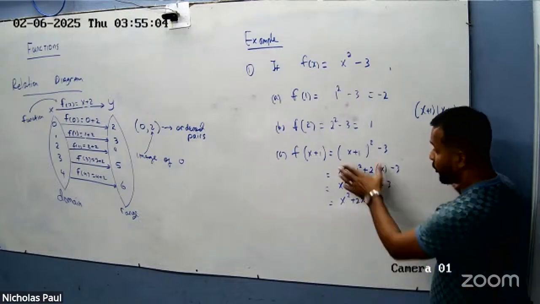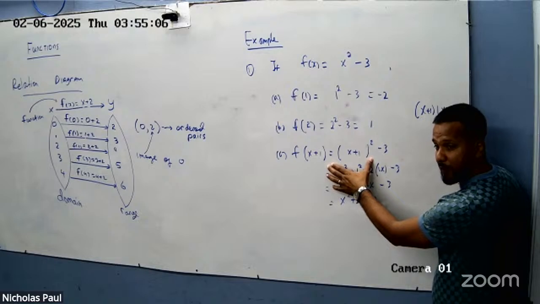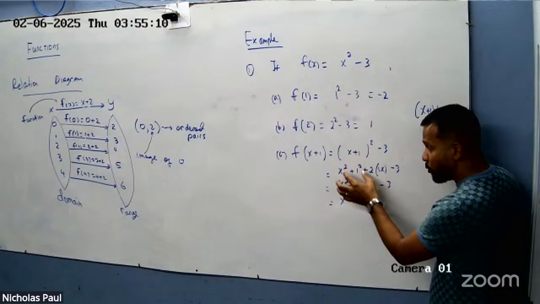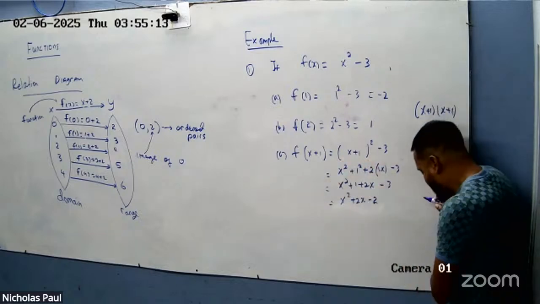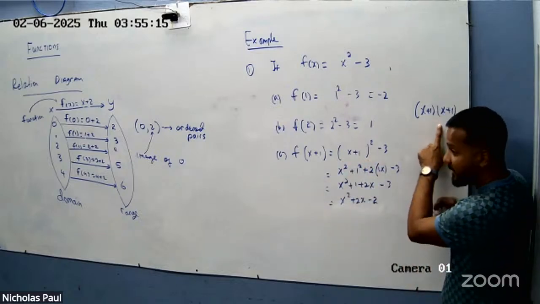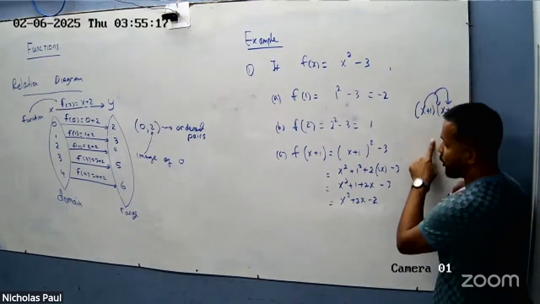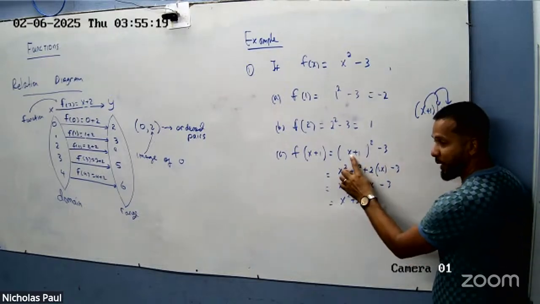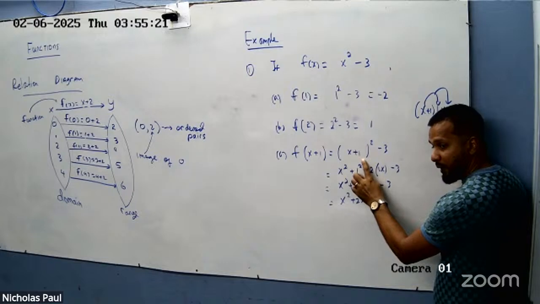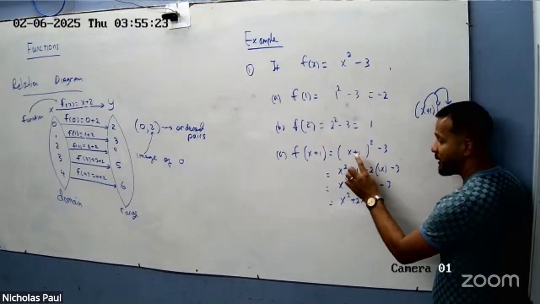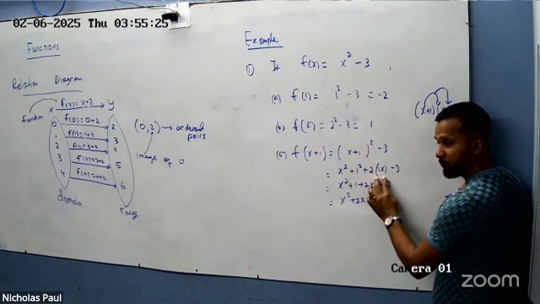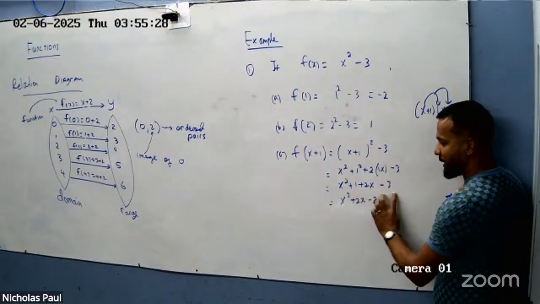I expect you to be able to expand properly. That's okay? Listen again. To expand this, the shortcut method, instead of writing it out and then working it out, is x squared, 1 squared, and then 2 by x by 1. You'll get the expansion and then minus 3 from it.